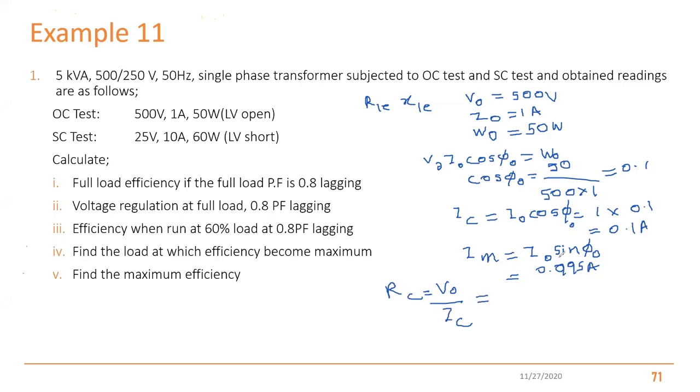Therefore, RC can be calculated as V naught divided by IC. So V naught divided by IC is 500 divided by 0.1, which is 5000 ohm, 5 kilo ohm.